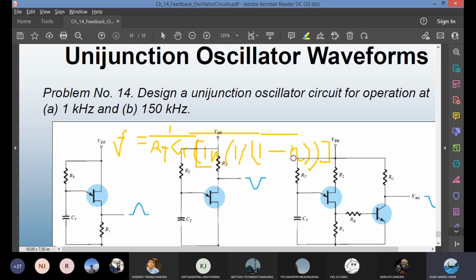The value of eta is called the intrinsic standoff ratio.